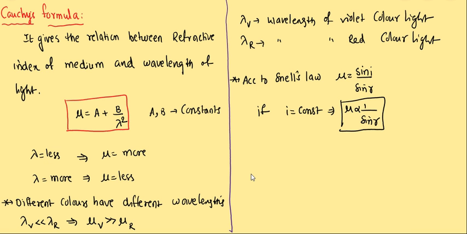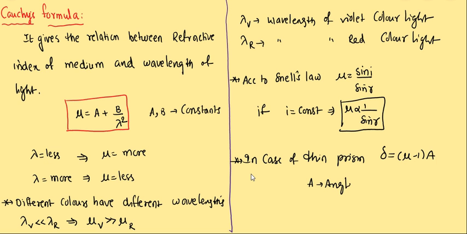Next, in case of a thin prism, what is the deviation angle? The deviation angle delta is (nu minus 1) into A, where A is the angle of the prism or the refracting angle.